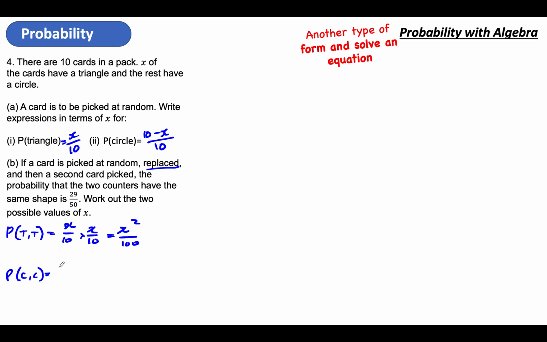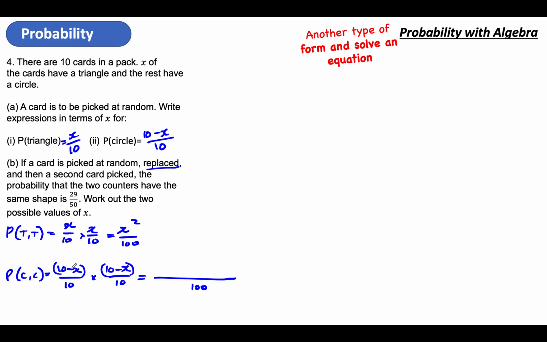The probability of circle is 10 minus X over 10 times by 10 minus X over 10. Right, keep in mind here, when you're multiplying these, now the bottom's really easy, because it's just 100, 10 times 10, but the tops you're going to need to FOIL, because the whole of the top of the left-hand side will need to be times by the whole of the top of the right-hand side.